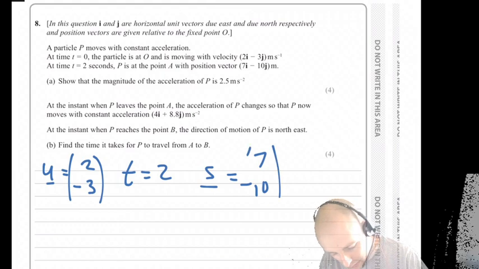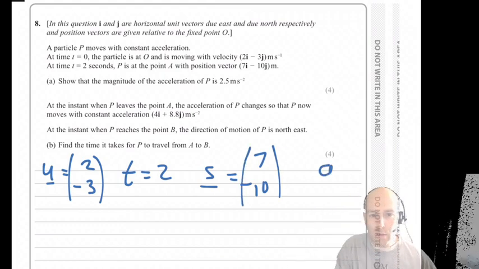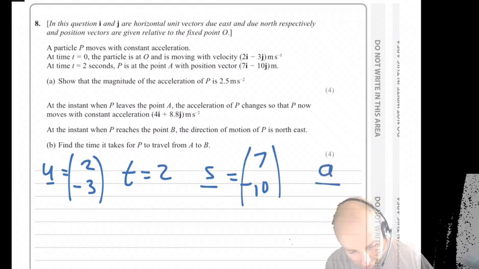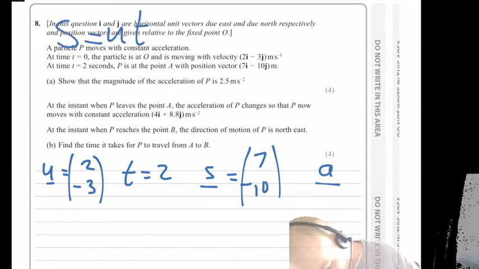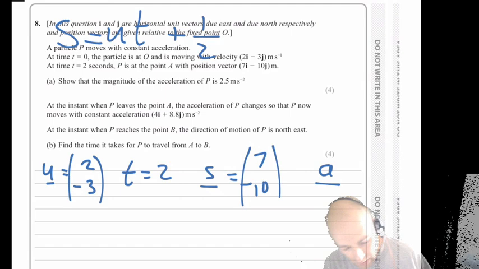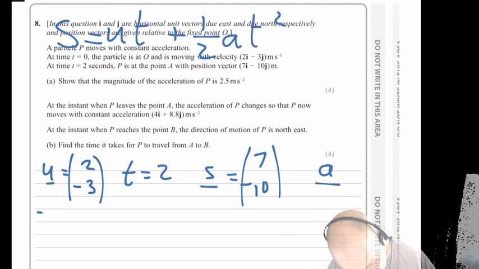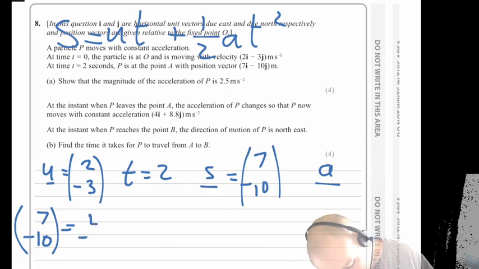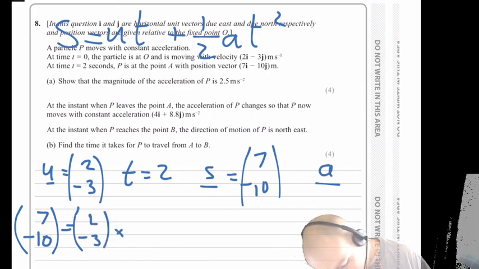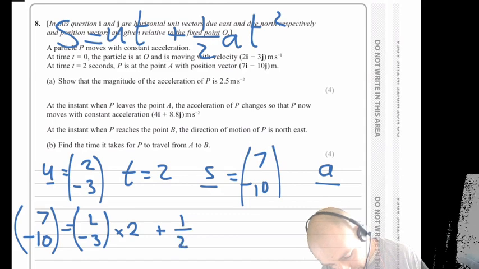We want to find a. So s equals ut plus half at squared. So we're going to say 7, minus 10 equals u, 2 minus 3, times 2, plus half a times t squared.